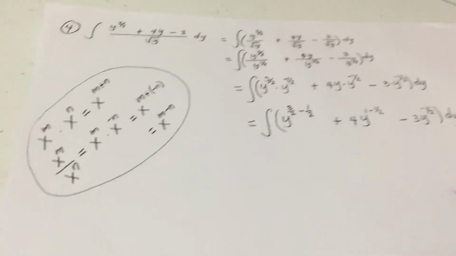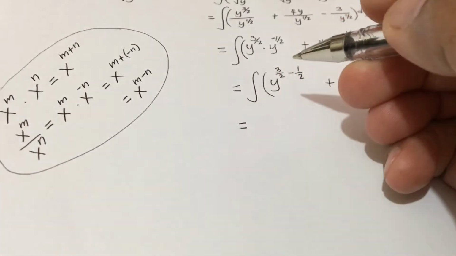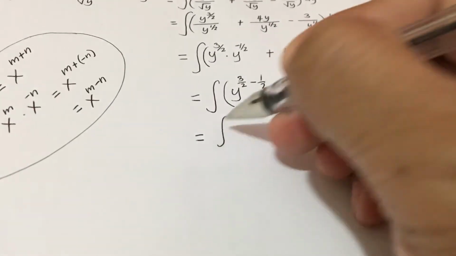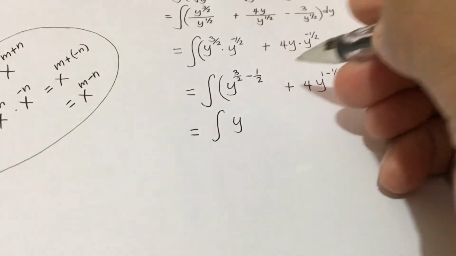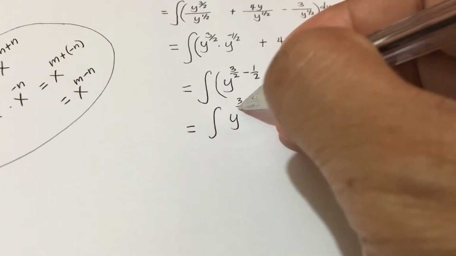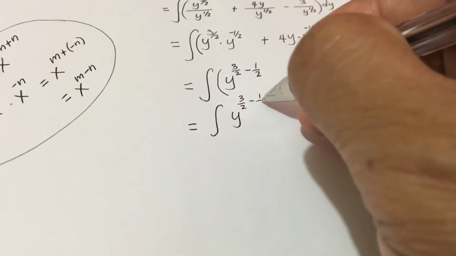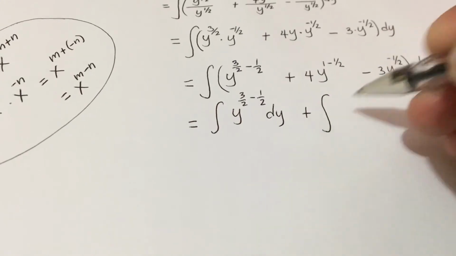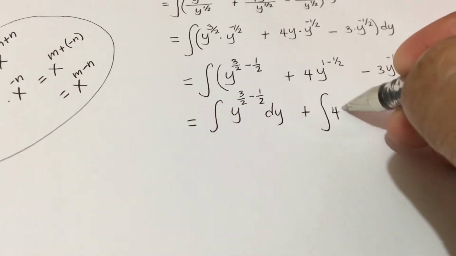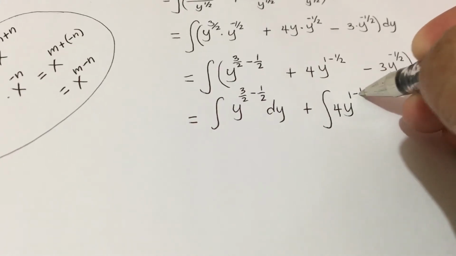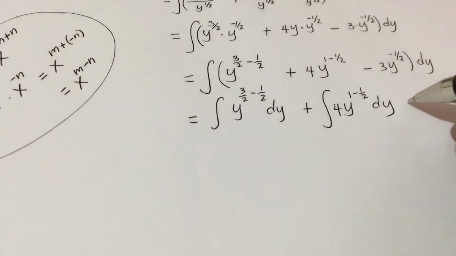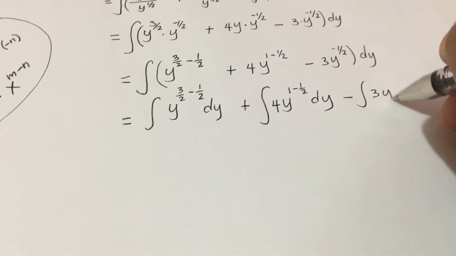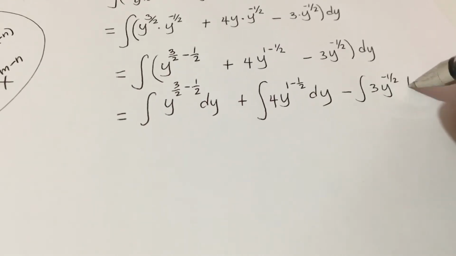So now we can integrate each term individually, rewriting this as integral of y to the 3 halves minus 1/2 dy, then plus the integral of 4 y to the 1 minus 1/2 times dy, then minus integral of 3 times y to the minus 1/2 dy.